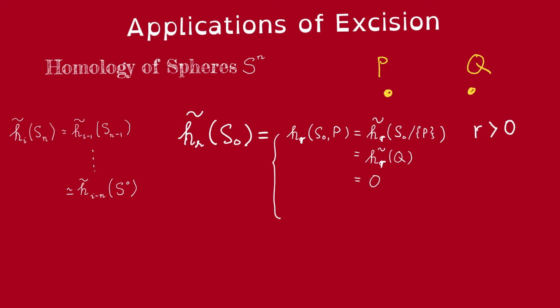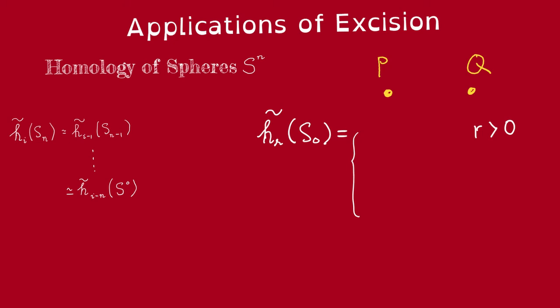Here observe that by definition of reduced homology, this homology group is isomorphic to the relative homology group of S0 relative to P. And then, by the theorem on homology of quotient, we know that this is isomorphic to the reduced homology of the quotient of S0 by P, which is just Q. For positive r, this is just 0. So we see that this homology group is trivial in positive degree.